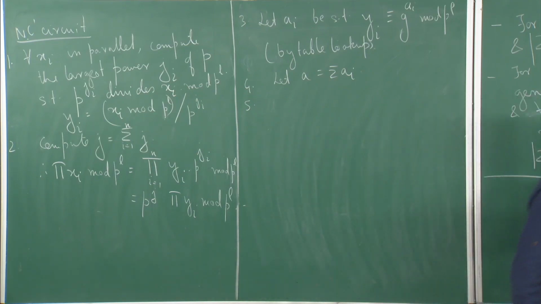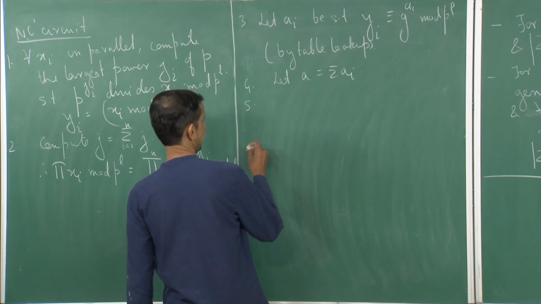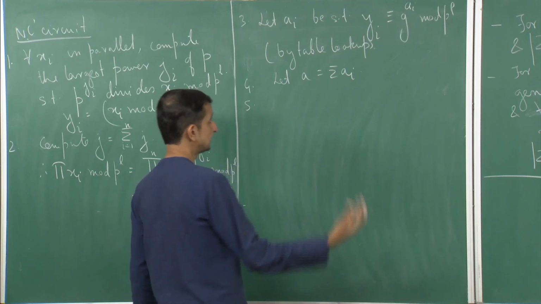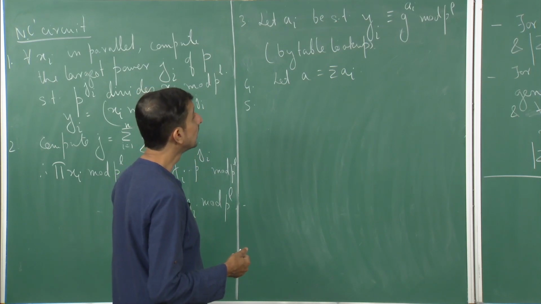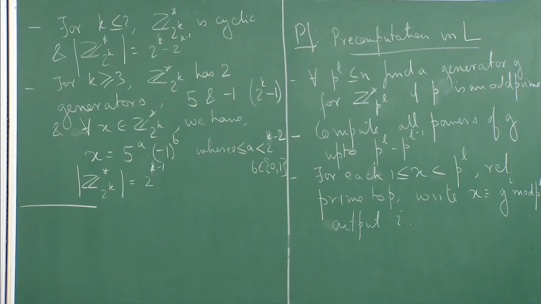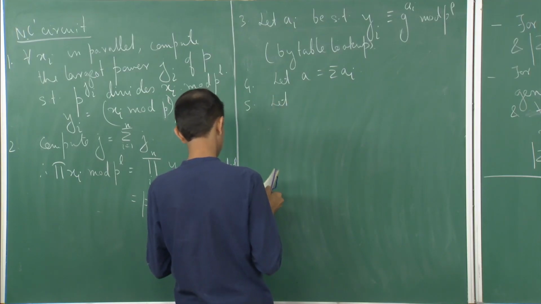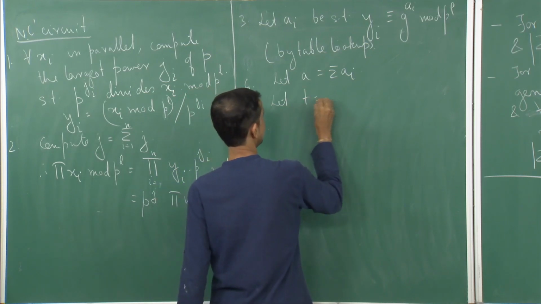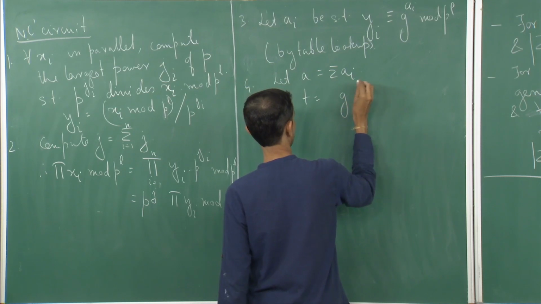Okay, so now we do a lookup of this table and find out what is the value for which g to the power... no, so here actually we are looking up this table. Now we look up the previous table. So let P be equal to g to the power a.